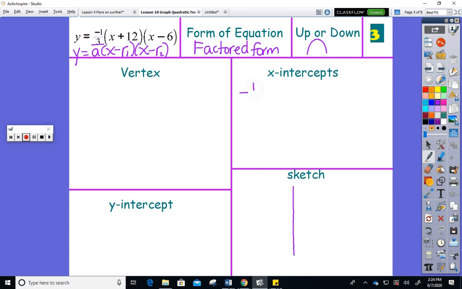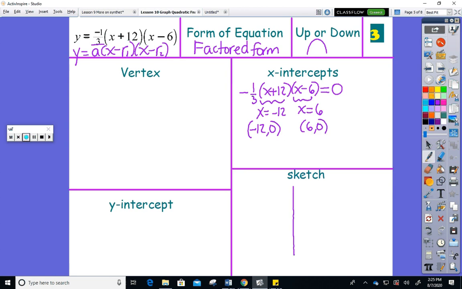If I set the equation equal to 0 in order to find the x-intercepts, so set it equal to 0 instead of setting it equal to y if you want the roots or the zeros as solutions, do you see that the factors tell me x equals negative 12 and x equals 6, and those are the x-intercepts. So in other words, (-12, 0) and (6, 0) are points on the graph.